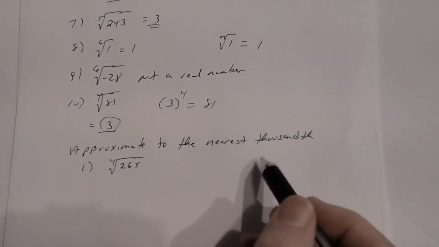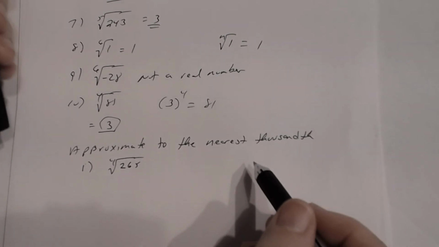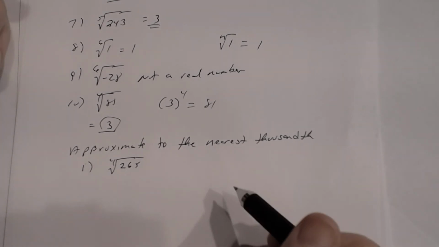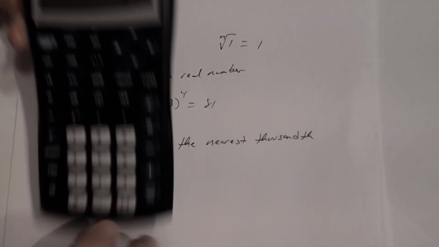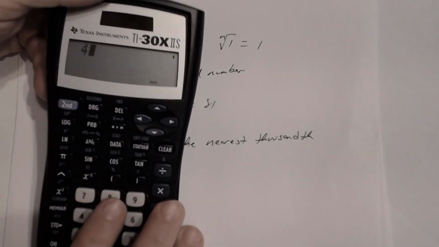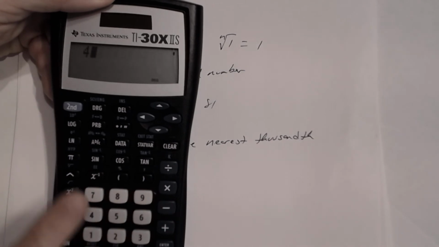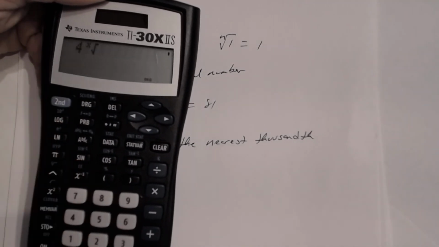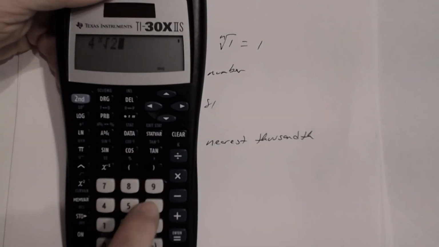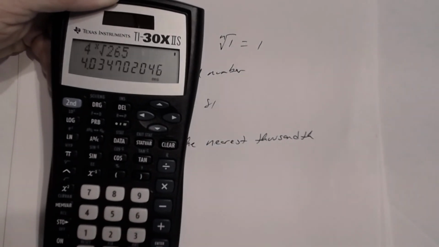Remember, the nearest thousandths means 3 decimal places. So remember, you're saying 4th root, so you got to press 4 first for your index. So put your index in first, then second, and then press this button, and you get that x root right here, and then 265, and then press equal, and you get this.